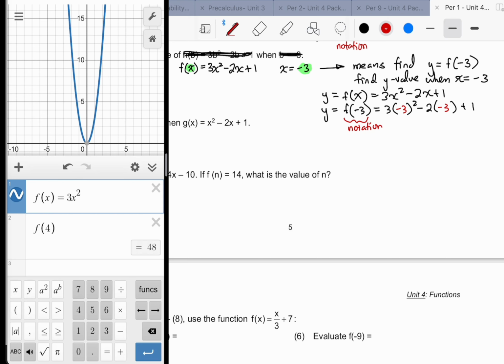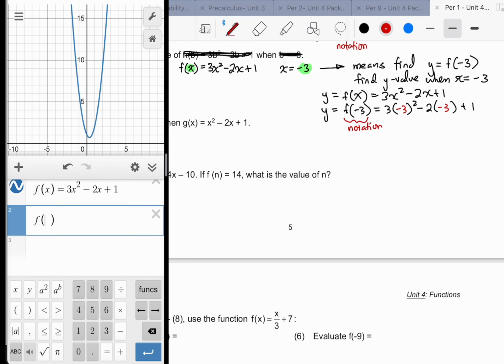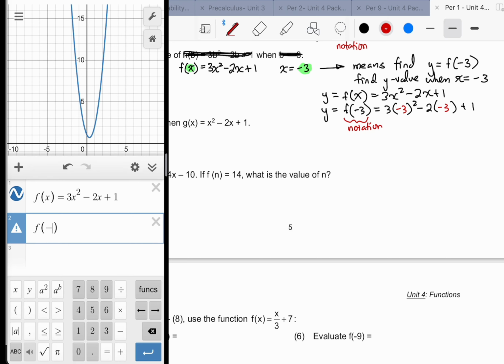All right. So f of x is equal to 3x squared minus 2x plus 1. Using Desmos, I could type in f of -3, and I would get a result of 34. Now that's what I would get if I clean this up a little bit.